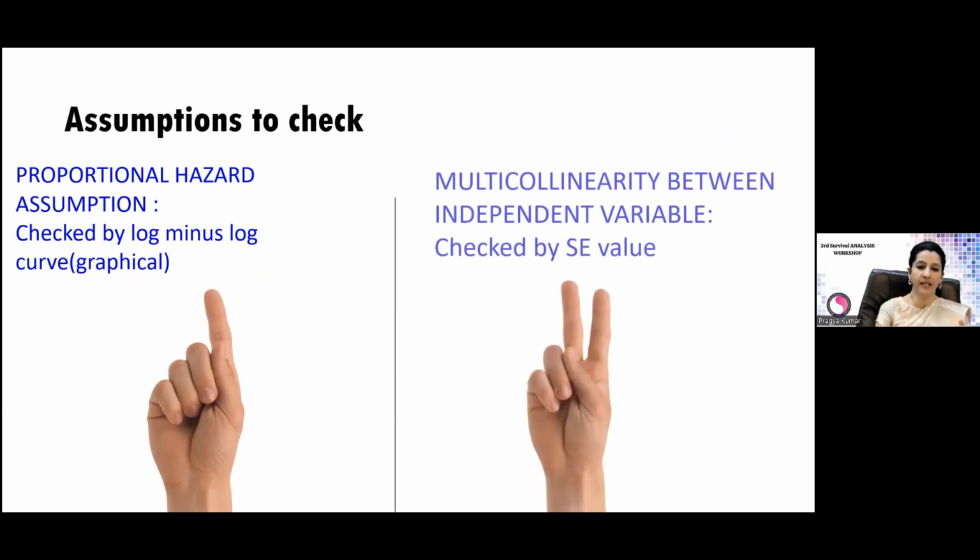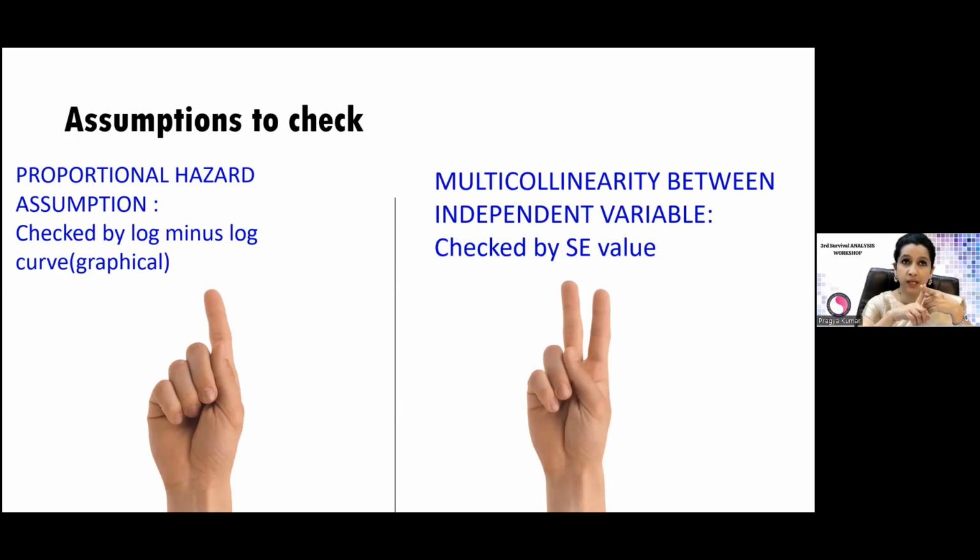And the second is multicollinearity. So what is multicollinearity? When there is more than one continuous variable as a predictor variable, there should not be a high correlation between those two. Why? Because then you will not come to know whether the effect is because of one variable or the other variable. So that should be checked.